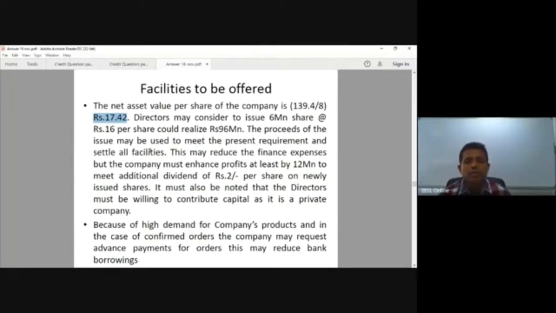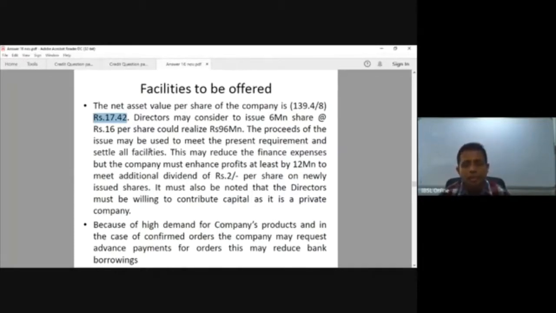In order to realize about 96 million, if you issue 6 million shares, you can take 96 million at 16 rupees per share. Using that 96 million, you can repay the term loan outstanding and the OD outstanding, and the balance you can use for the working capital requirement and machinery purchase.